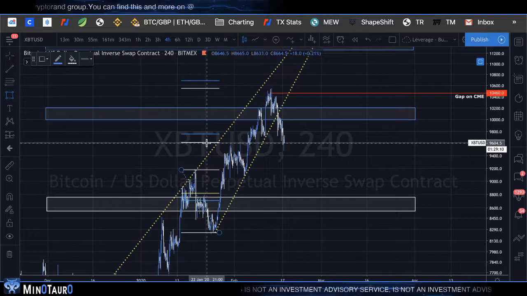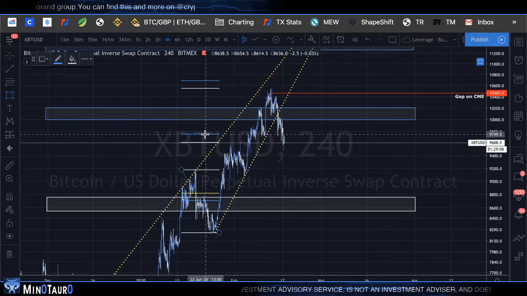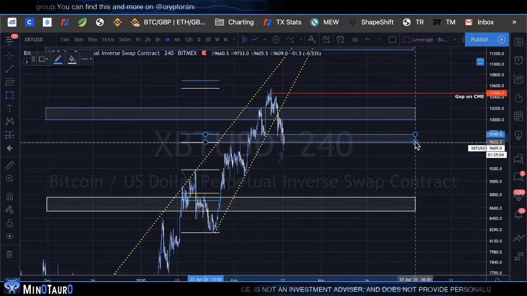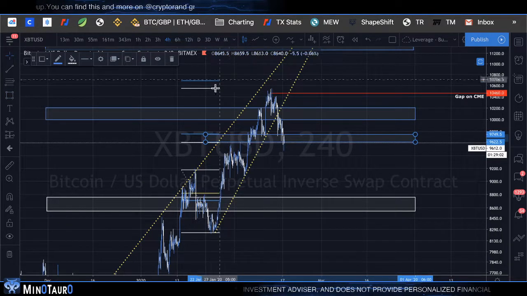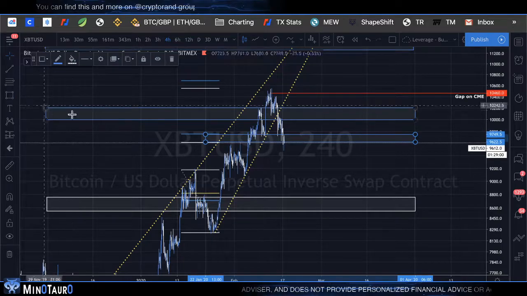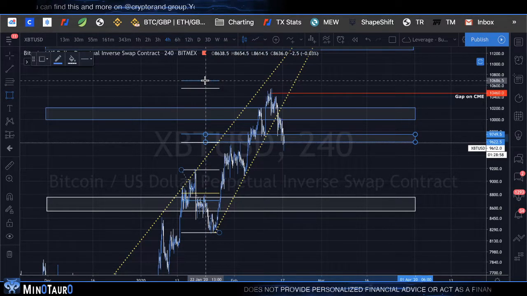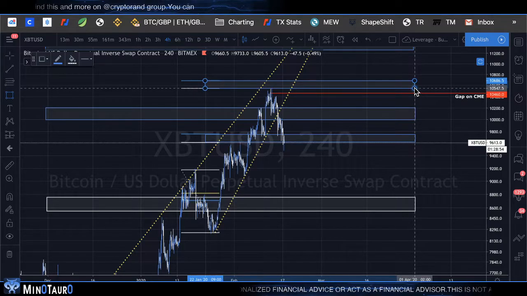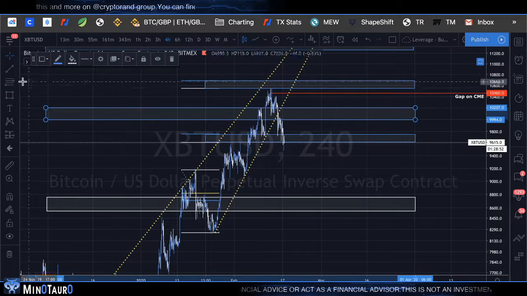So 161 went there, okay, so this is one, okay. 261 went there, and if these are the main moves, so these are the levels that we took from the main move, no?